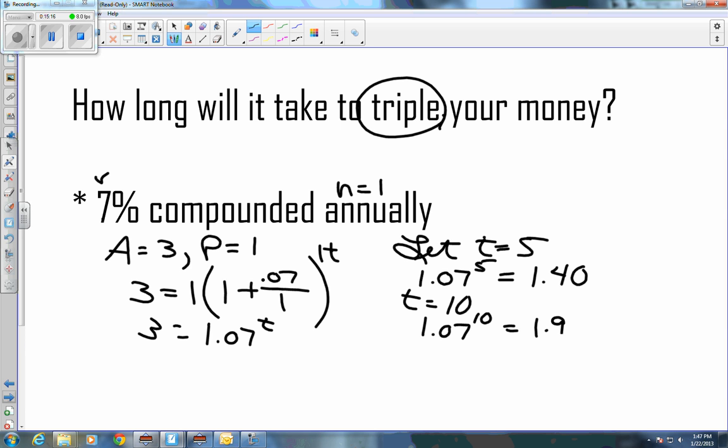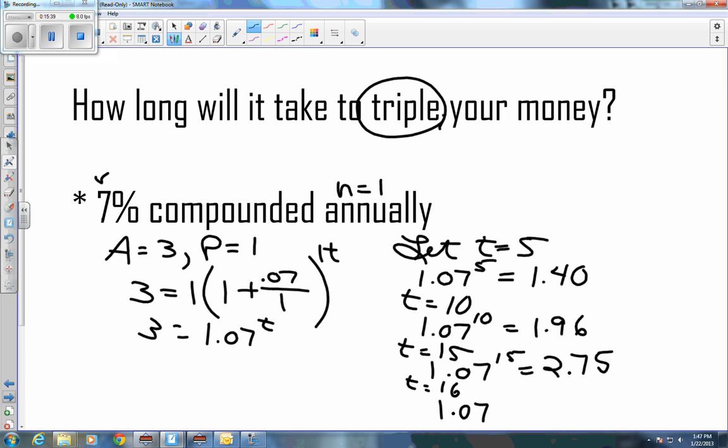Okay, let's try 15. We need to get to 3. That's 2.75, getting pretty close. Let's try 16. That's 2.95.